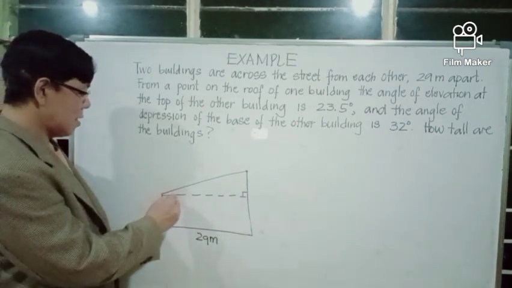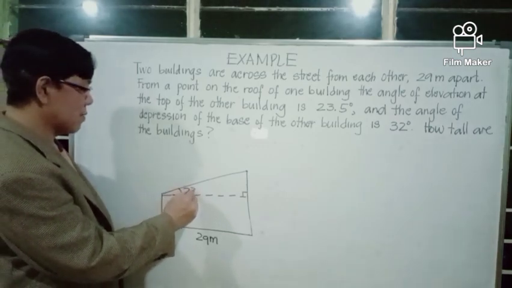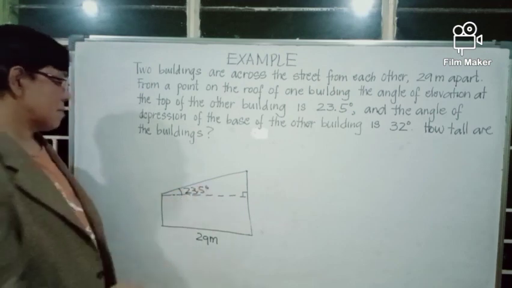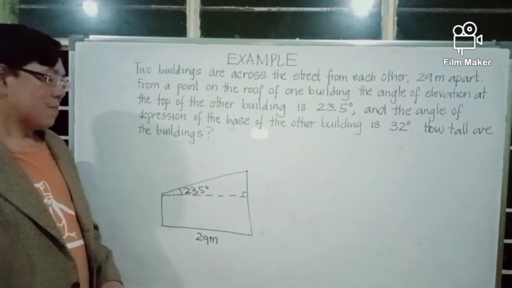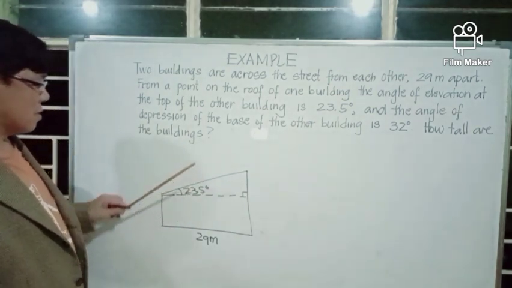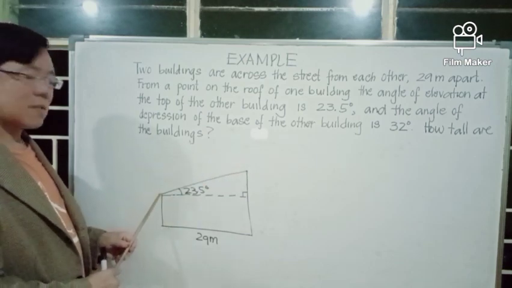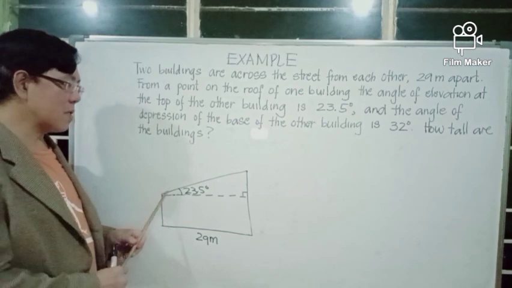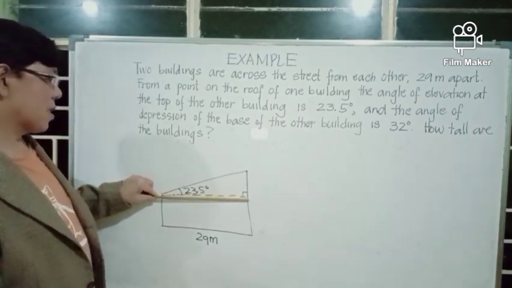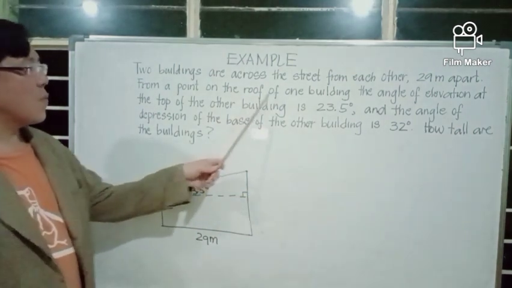And this is the angle of elevation, 23.5 degrees, the angle that this line from the roof of the first building to the top of the second building makes with the horizontal.